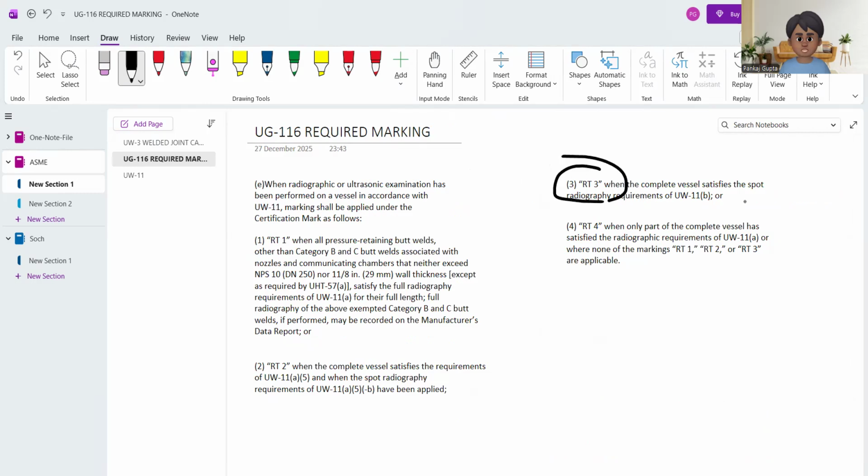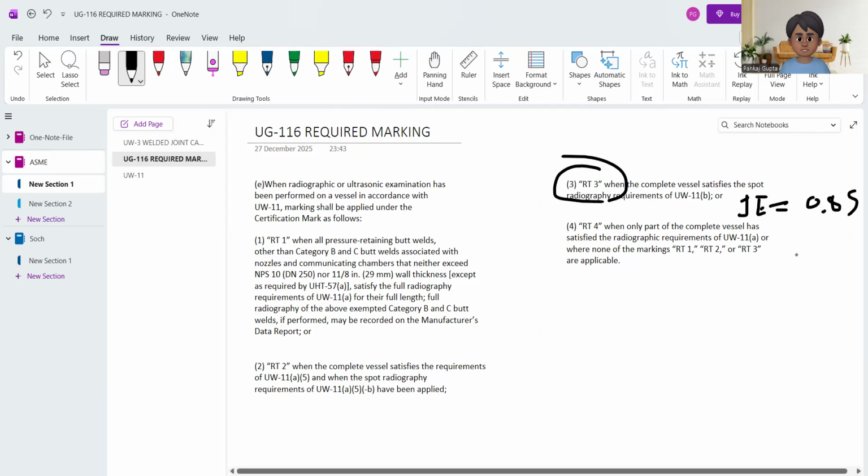So here it's very important that for each and every part, we need to consider joint efficiency equal to 0.85 here. So RT3 is comparatively simple as compared to RT1.